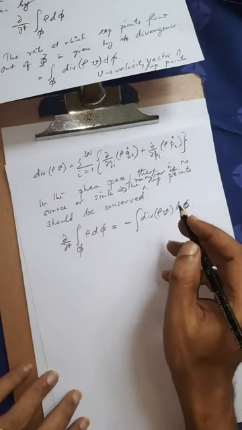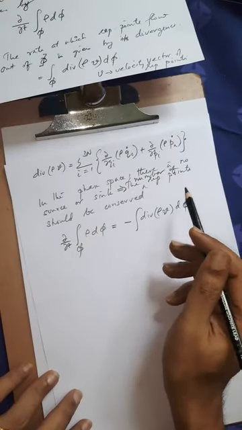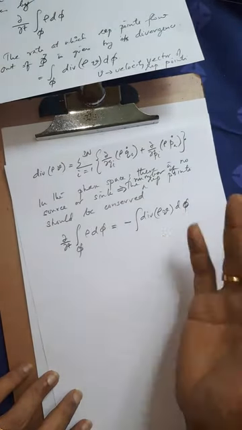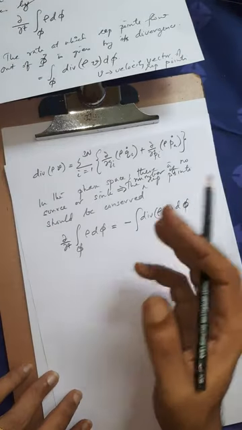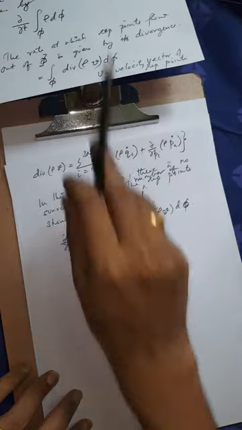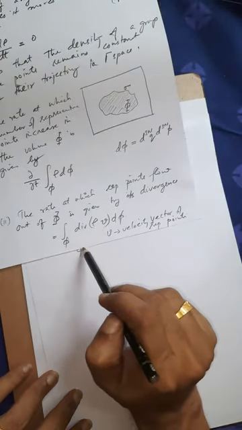See, we know that the divergence of a flowing out quantity is a positive quantity. If it is flowing out, it is a positive divergence, and flowing in means it is a negative divergence. So that is why we have kept the positive over here.